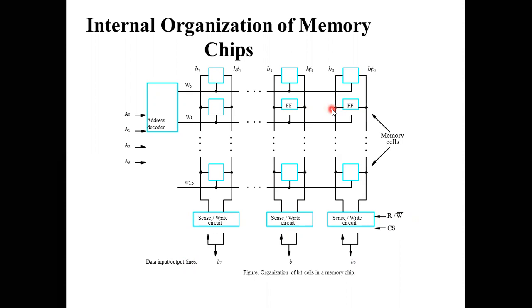You might be aware of the definition of flip flop. And these are some address lines. This is the address decoder, and these are the address lines. The complete detail has been given previously in this slide. In that way, everything of the internal organization of memory can be understood by this particular diagram.